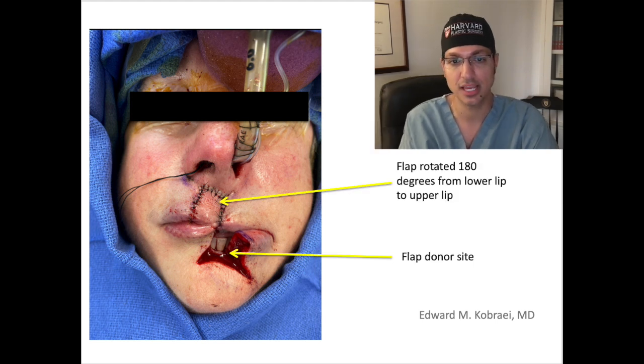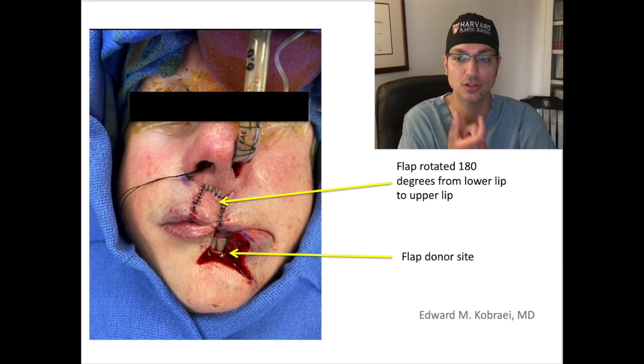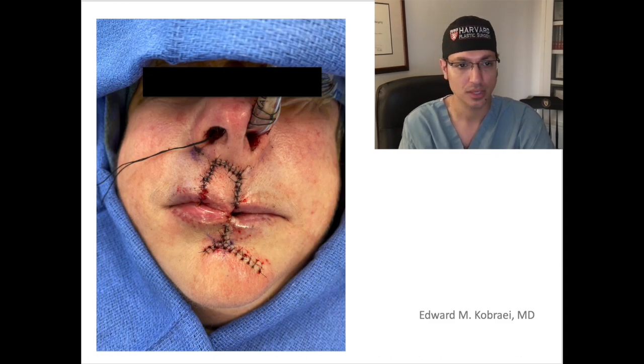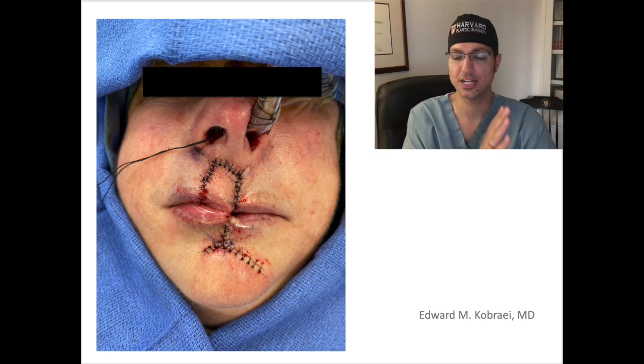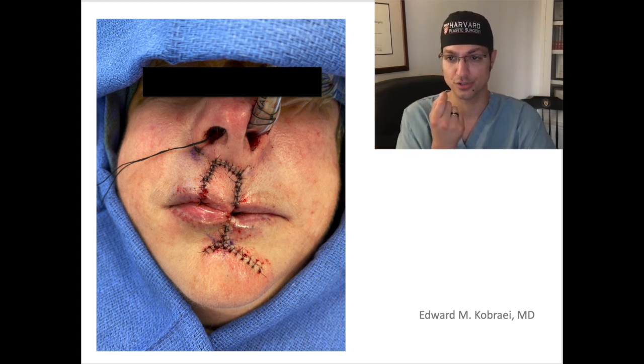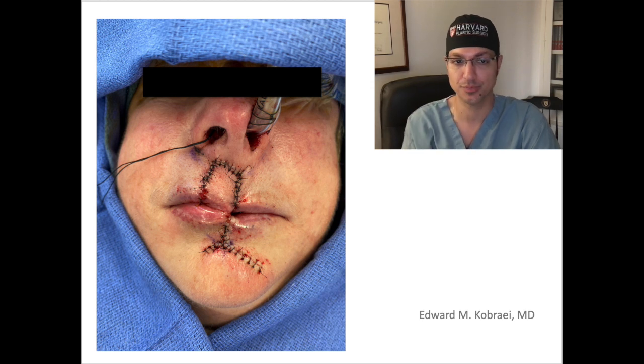And what you can see here is the flap's been rotated a full 180 degrees, and the donor site is still open, and then that donor site is then closed as shown here. Now, this is the end of the first stage of the procedure. What you can appreciate is there are actually 2 oral commissures, or 2 mouth openings that are separate because the lips are still attached to each other such that blood flow can be maintained to the flap after this procedure.